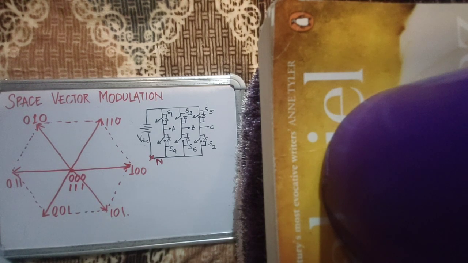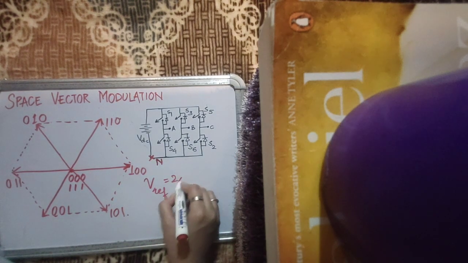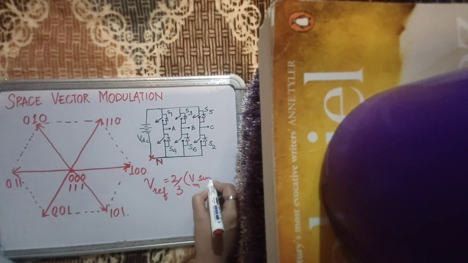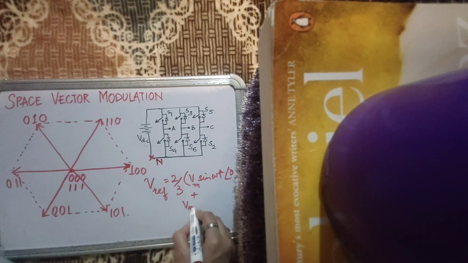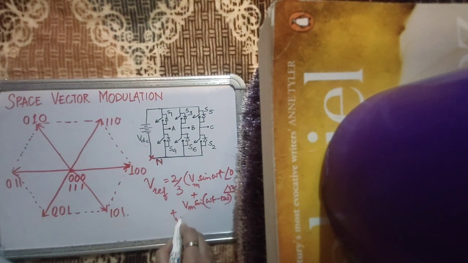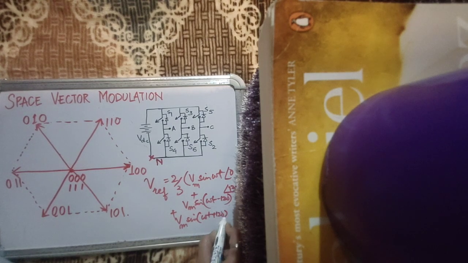Now say how. I generate a reference space phasor, V reference, what I want from the converter, as 2/3 times Vm sine omega t at an angle of 0 degrees plus Vm sine omega t minus 120 degrees at an angle of 120 degrees plus Vm sine omega t plus 120 degrees at an angle of minus 120 degrees.